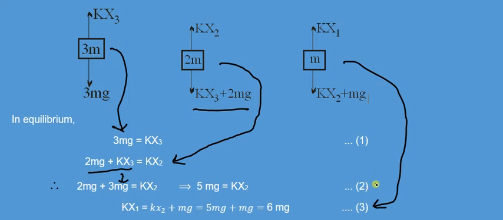It is equation 2. And for the block of mass m, kx1 upward force is equal to kx2 plus mg. The value of kx2 is 5mg, so 5mg plus mg is equal to 6mg. It is equation 3.